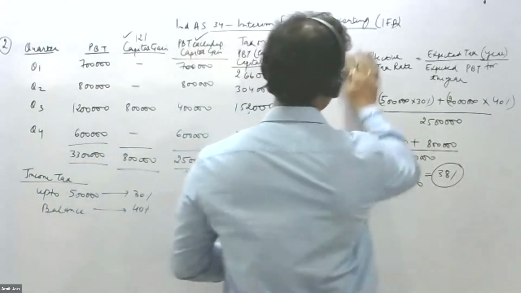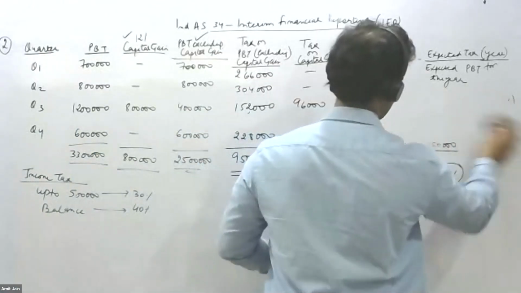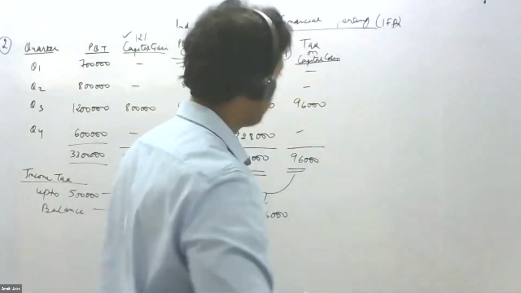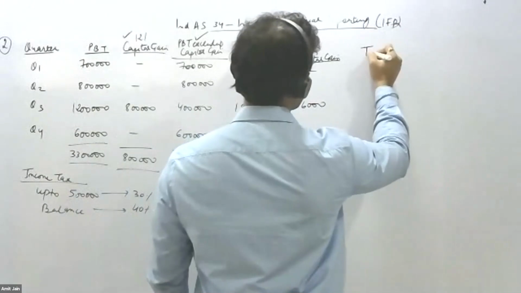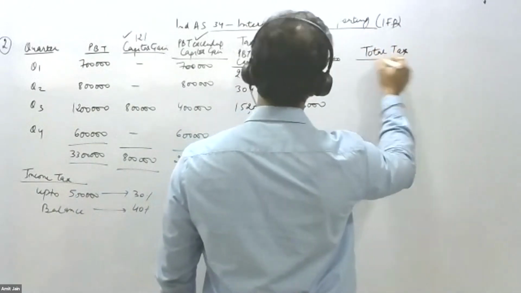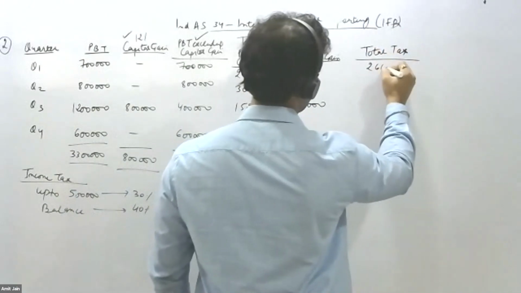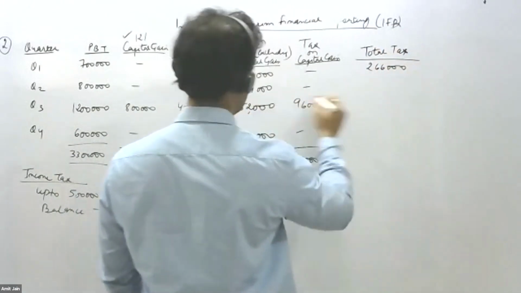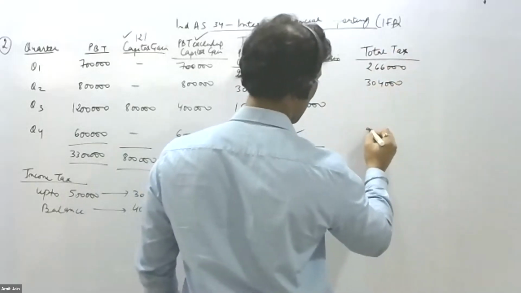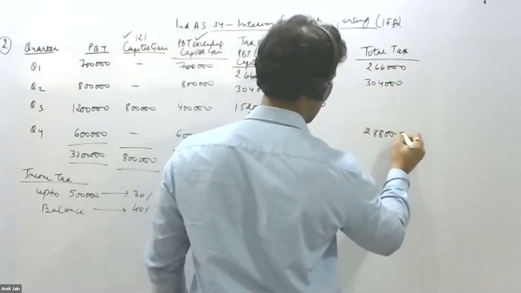Let me rub this because I need some space. If I need to compute total tax, $2,66,000, then we have 3,04,000, then we have 2,88,000.